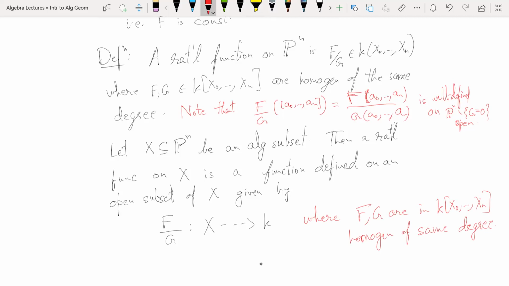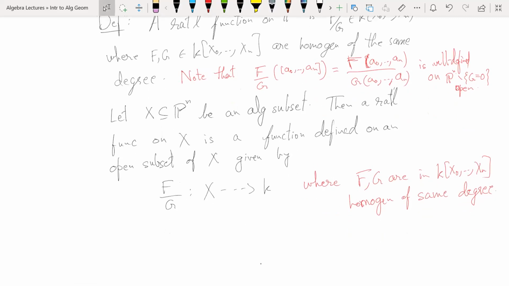And here it is defined on an open subset, let's call it U. Here U is basically X minus g equals 0. Of course, if X is contained in the closed subset g equals 0, then this doesn't make sense.